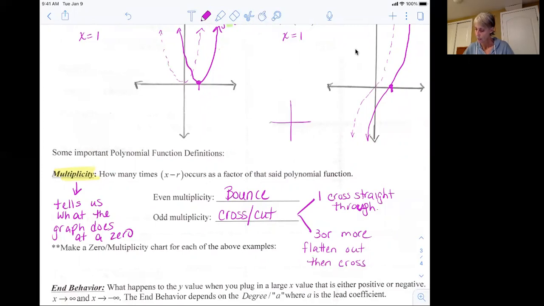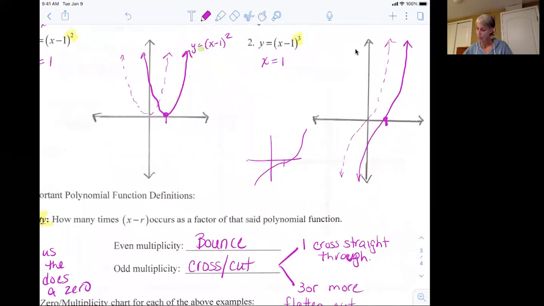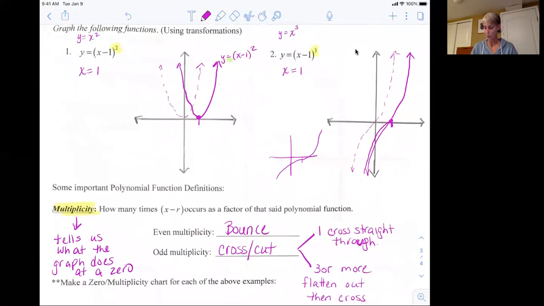An example of that would be something that goes like this. In this example, it sort of flattens out and crosses through, versus crossing straight through, which we'll see in later examples.